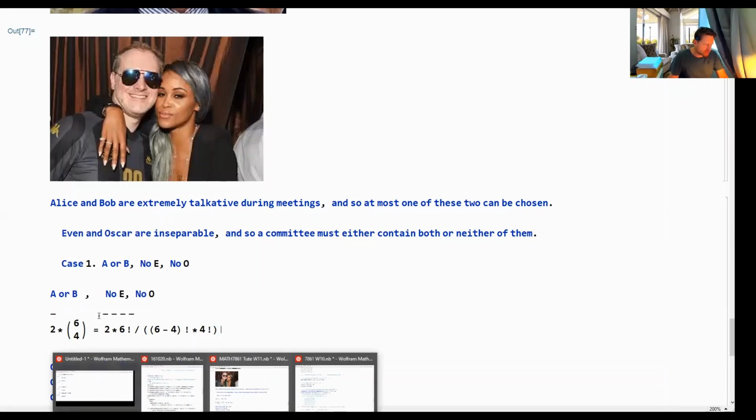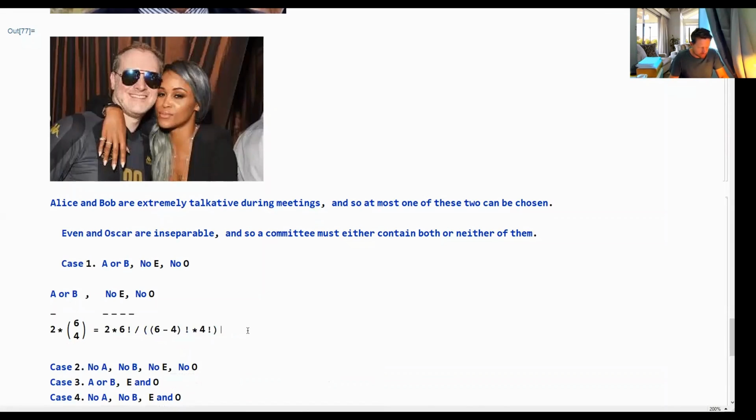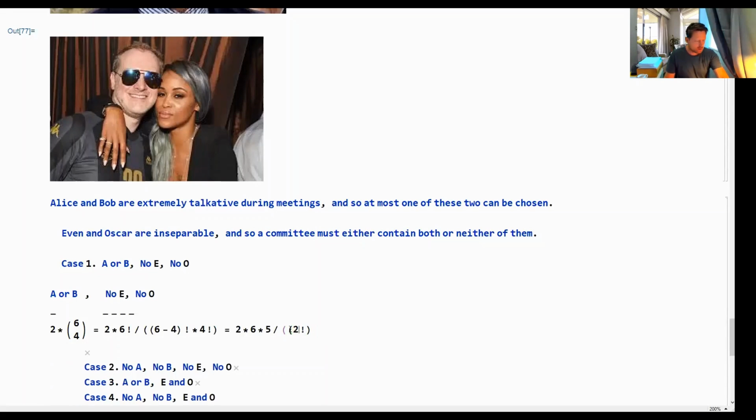Let's cancel: 6 factorial is 6 times 5 times 4 factorial, so we can cancel the 4 factorial in the denominator. What we have now is dividing by 2 factorial, and of course 2 factorial is 2. And so this is just 6 times 5, which is 30. Great, so that's case 1 counted.